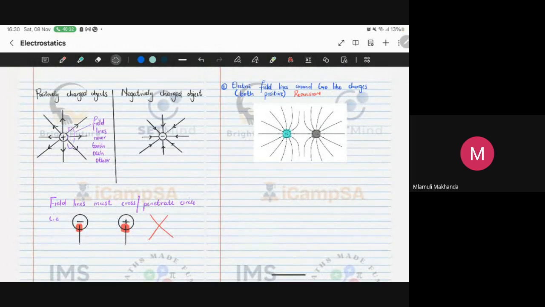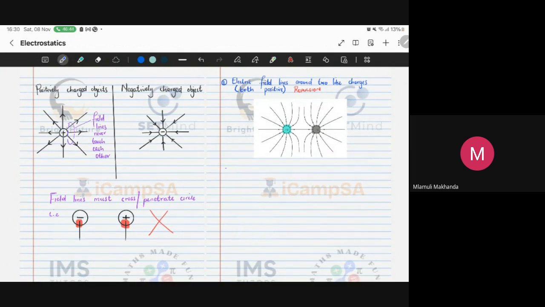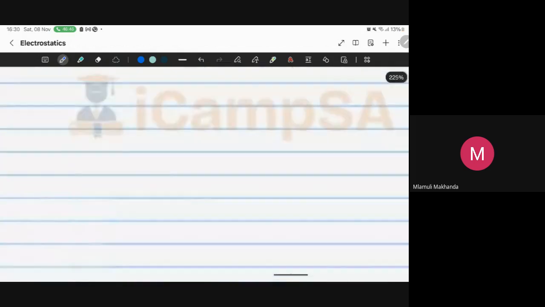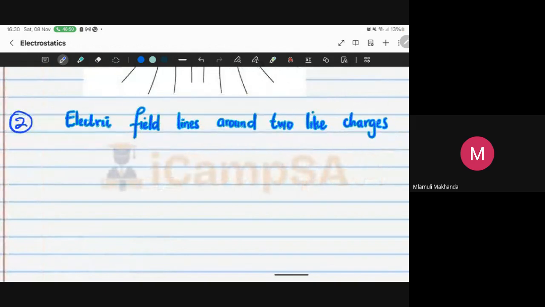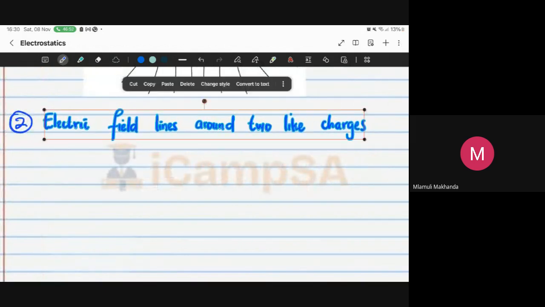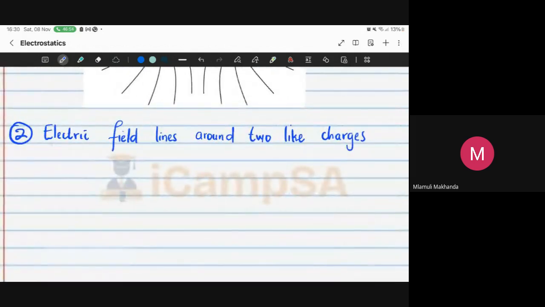Now, imagine the negative ones again. Doesn't matter whether it's negative or positive, repulsion still holds. If it's like charges, it'll just be repulsion.